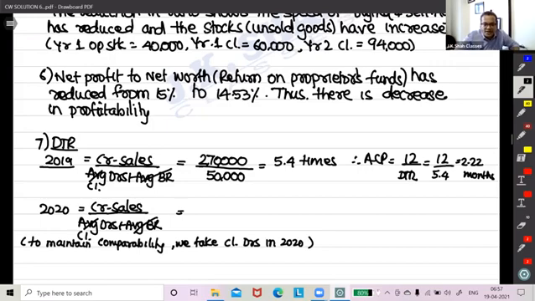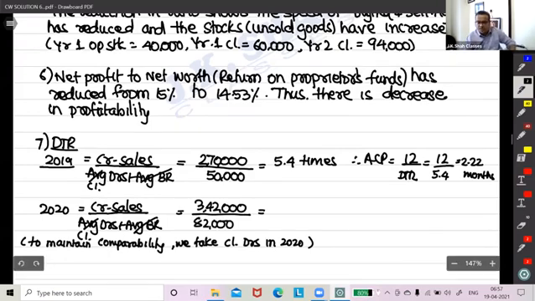So 2020 credit sale is how much? 342 upon closing debtors, which are 82. Right? So 342 divided by 82. It came to 4.17.